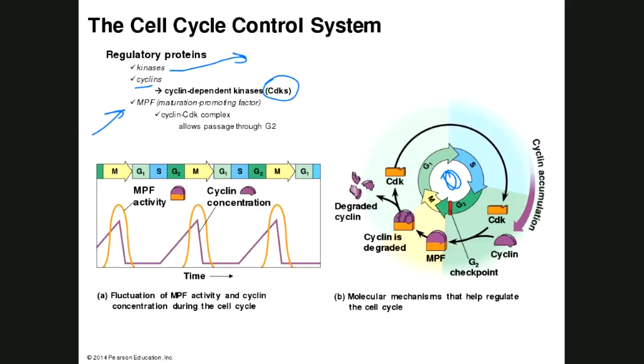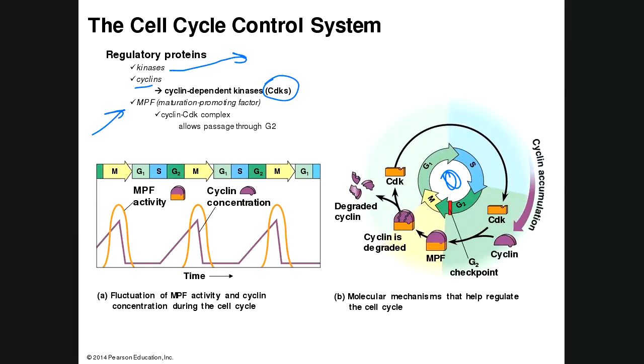Now, what's a factor? It's a molecule. Think about the word factor as meaning not what it is so much as what it's doing. It's going to do something. So what happens here is the cyclin and the CDK form this complex. And that complex together is the MPF.